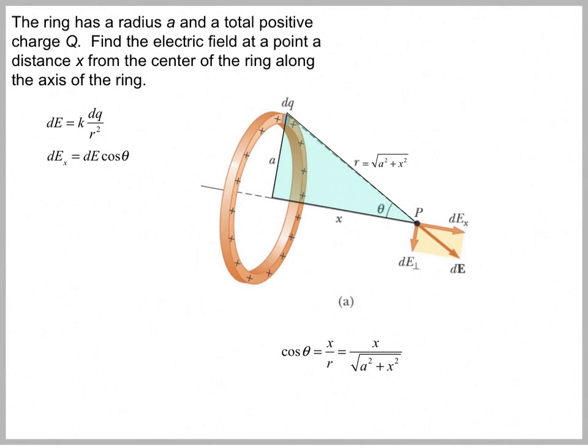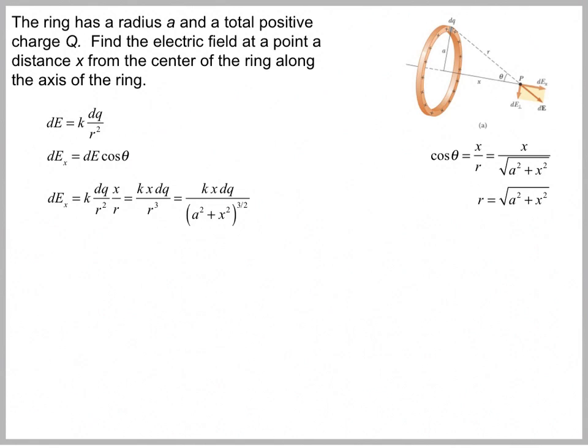So now, cosine theta is x over the square root of a squared plus x squared. So dEx is k dq over r squared times cosine theta, which was x over r. So this is going to be kx dq over r cubed, or kx dq over (a squared plus x squared) to the 3/2 power.